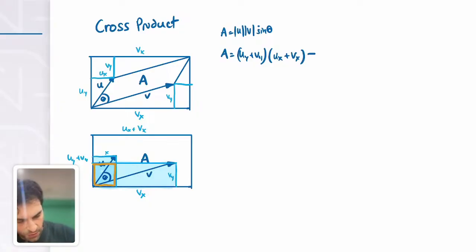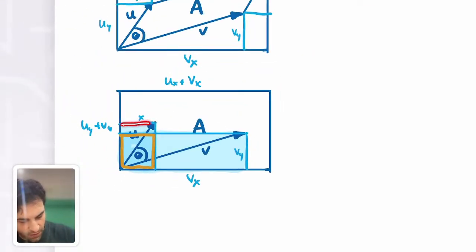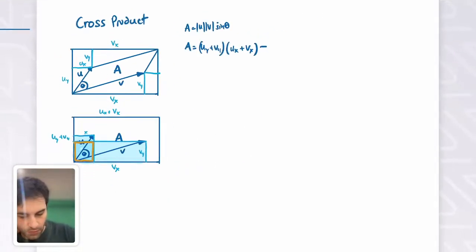And then this one over here, you have to be careful. So this width over here is going to be Ux, times Uy, isn't it? So minus UxUy. Everyone sees that? And then I'm going to subtract off VxVy. That's going to be this bit. So that's minus VxVy.